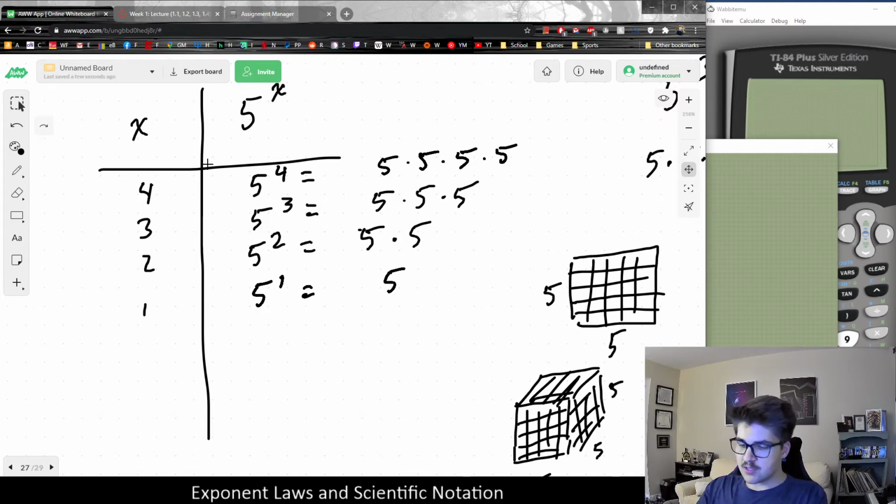But what if I was doing 5 to the 0 power? What would that be? If you were thinking about this pattern, you might say, why is that not just 0? Because if I don't have any 5s, shouldn't that be 0? And you're not entirely wrong to think that, because that does make some sense. But the reason it's always equal to 1 is what exponentiation means.